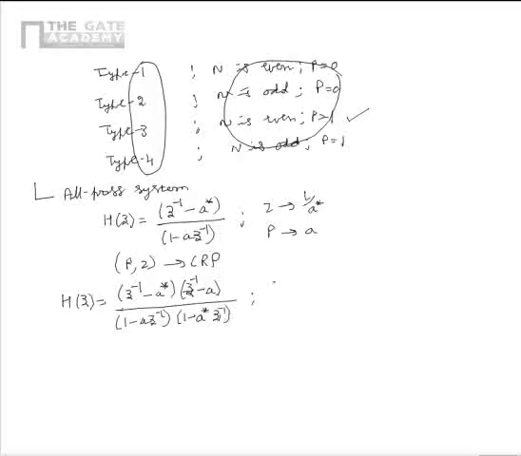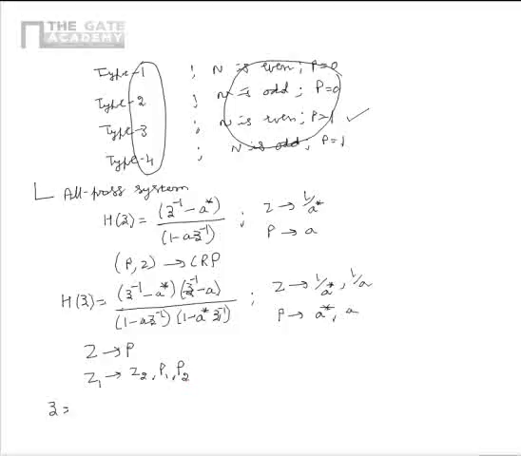Here we see that as the impulse response of the system is real, zeros are located at 1 by a star, 1 by a, and poles are located at a star and a. From this we see that if a 0 is known, we can find the pole of the all pass system. If the impulse response of the system is real, if a 0 is known, we can find the other 0 and the remaining poles in case of an all pass system.